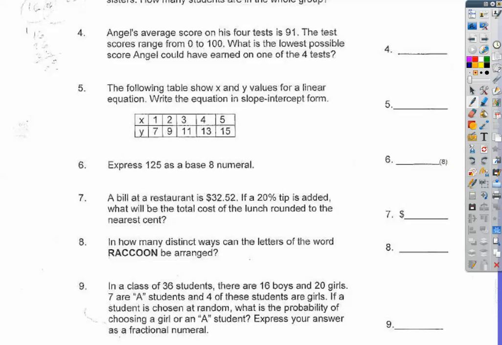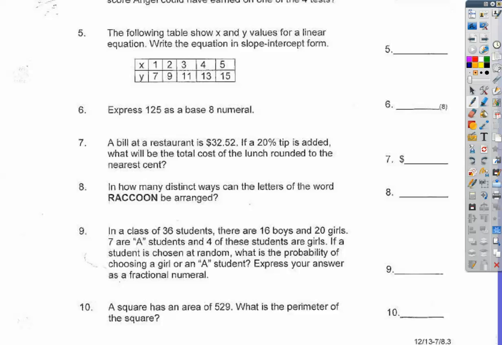All right, number 6. Express 125 as a base 8 numeral. So base 8. Here we have 8 to the 0, which is 1. Here we have 8 to the first, which is 8. Here we have 8 to the second, which is 64. 8 to the third is going to be 64 times 8, which is bigger than 125, so I don't have to go to the next one.